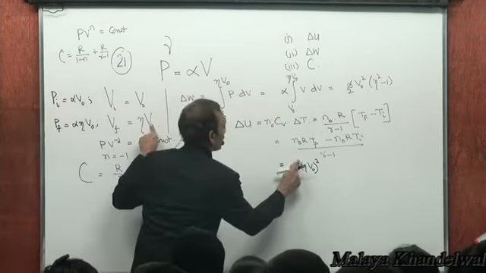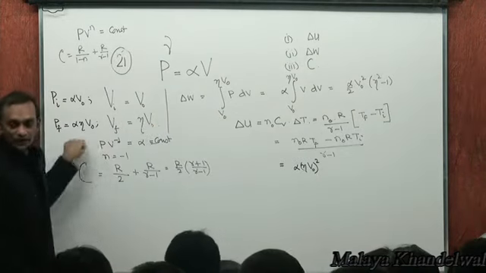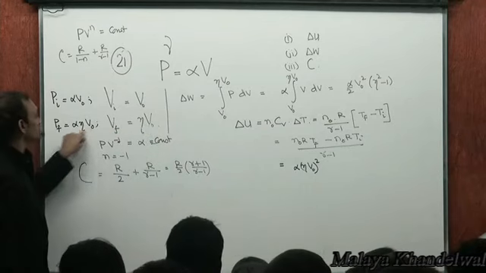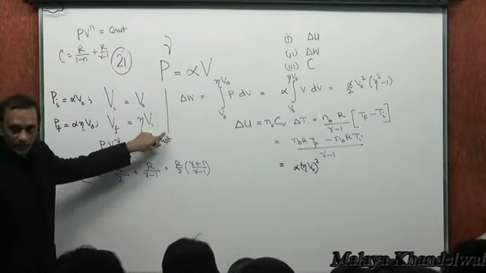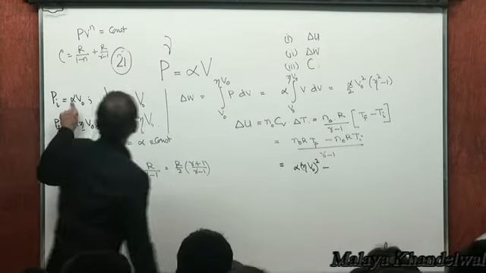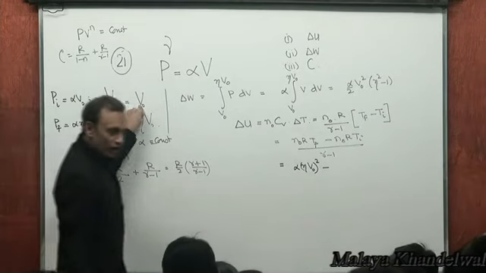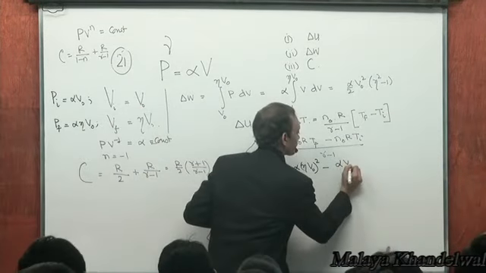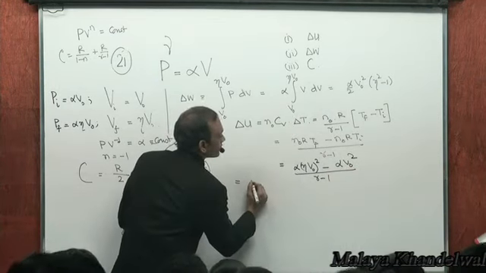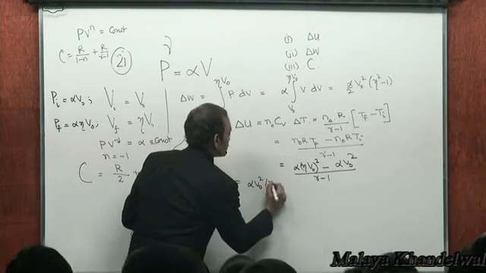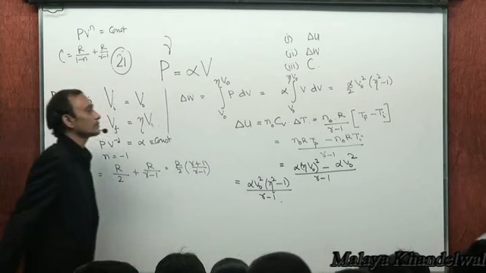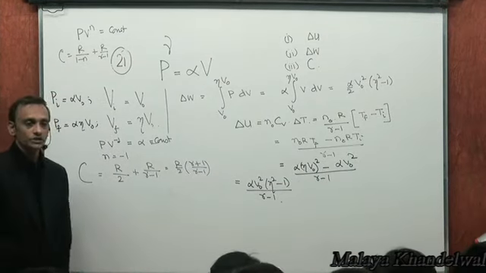There would be only one alpha: alpha eta V naught squared, final pressure into final volume. This is alpha into eta V naught whole squared, minus initial pressure into initial volume, alpha V naught into V naught, which is alpha V naught squared. Divided by gamma minus 1, which is alpha V naught squared into eta squared minus 1 divided by gamma minus 1. That's the change in internal energy.